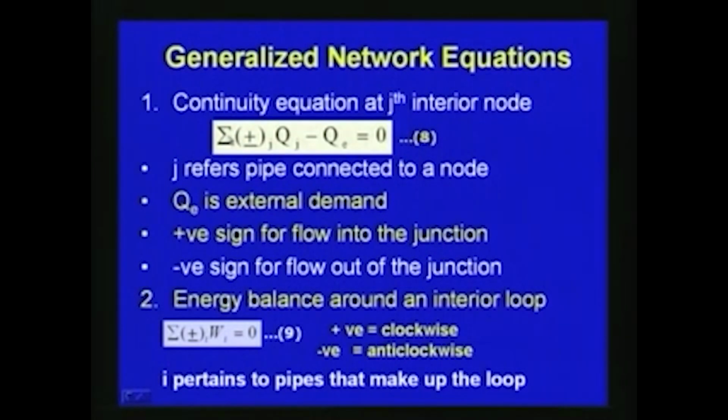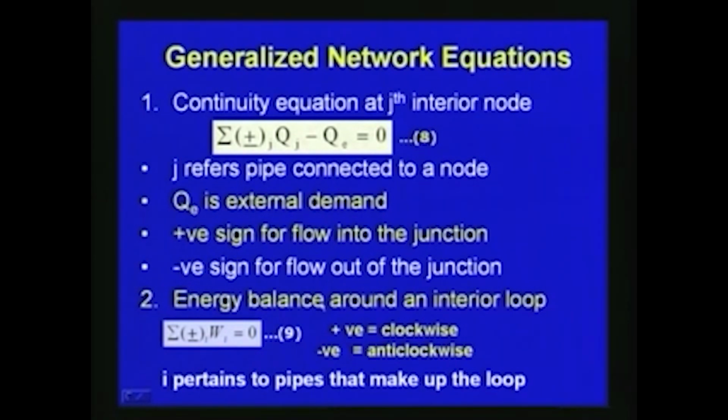We consider positive the flow into the junction and negative the flow out of the junction. So in equation number 8, we have sigma plus or minus Qj minus QE, where QE is the external demand and Qj corresponds to that particular pipe j.